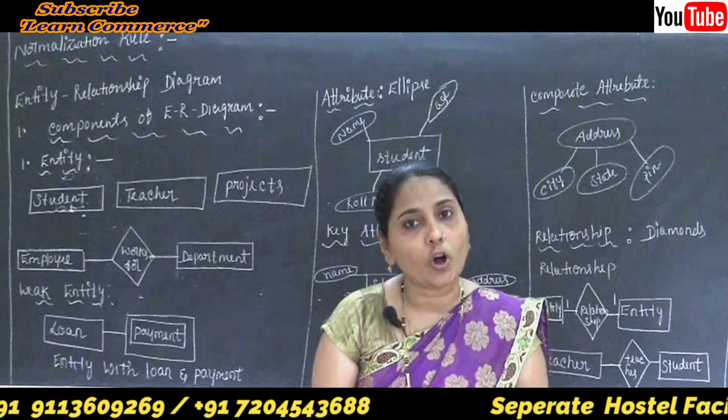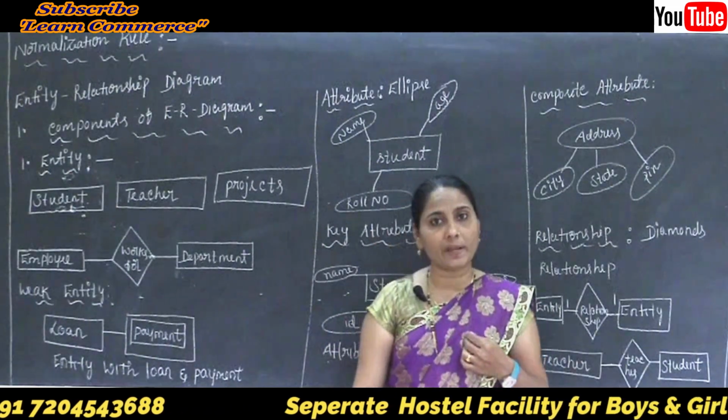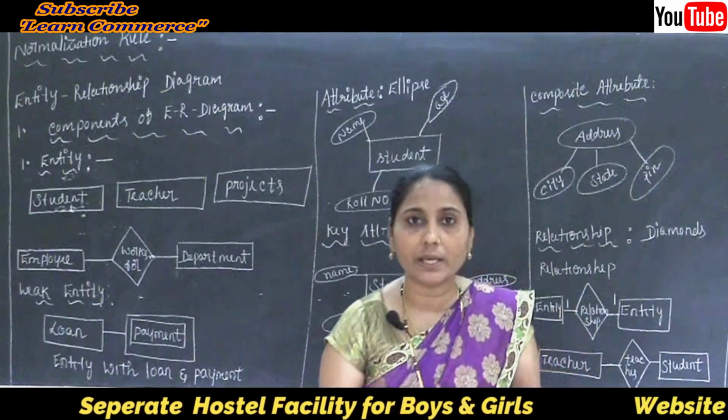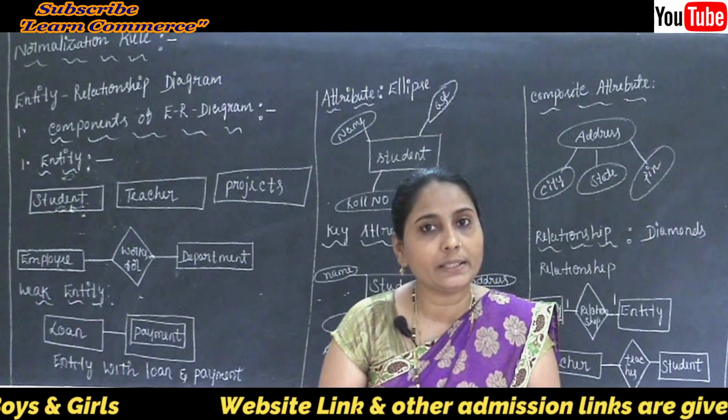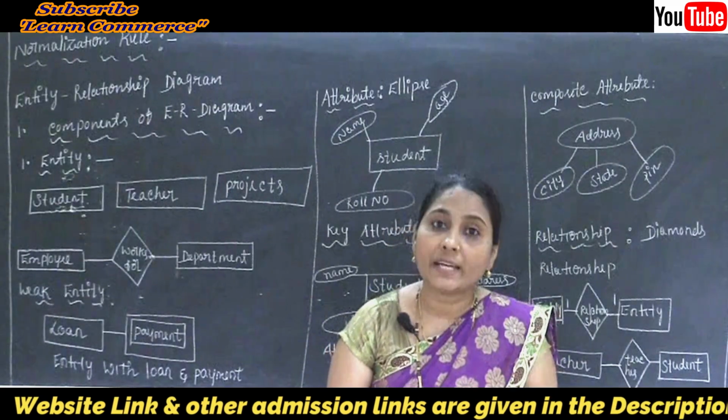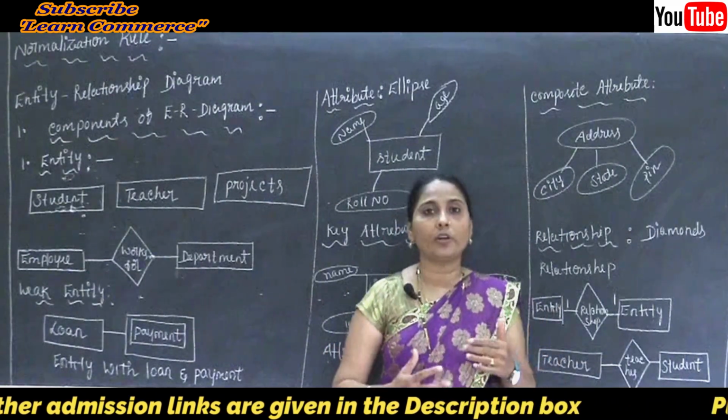Before organizing the data in the database, the first thing is we need to create the tables. So this includes creating the tables and the relationships among the tables according to the rules.